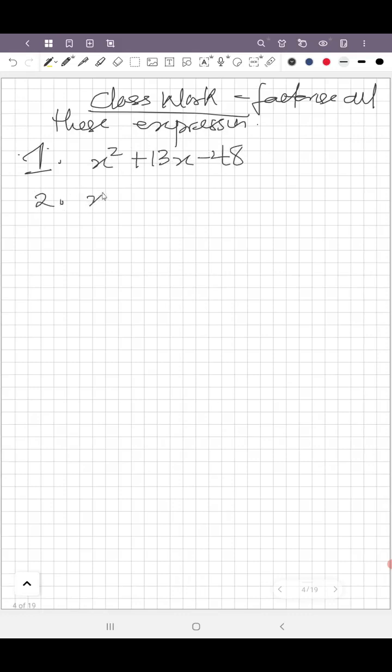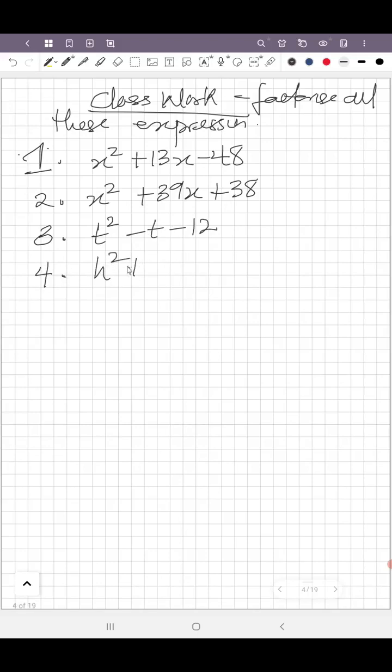2, x² plus 39x plus 38. 3, factorize t² minus t minus 12. 4, factorize h² plus 3h minus 40. 5, factorize n² minus 18n plus 32.